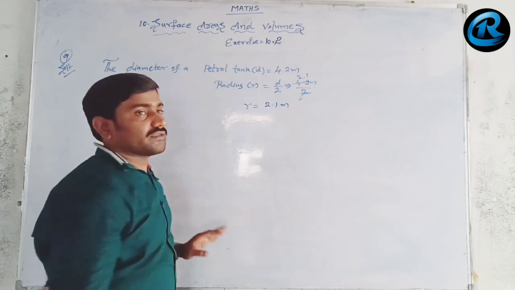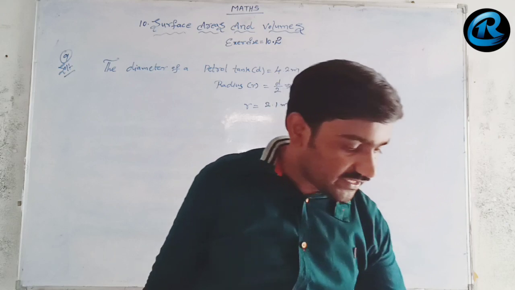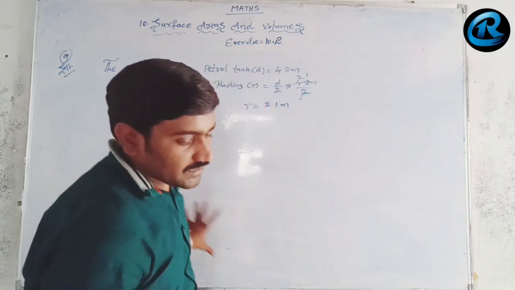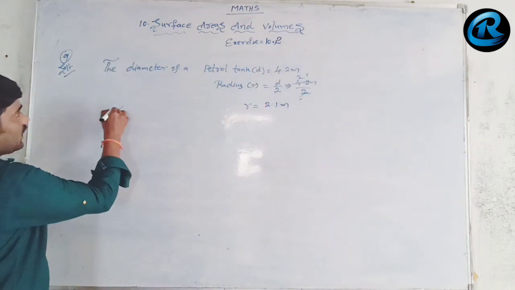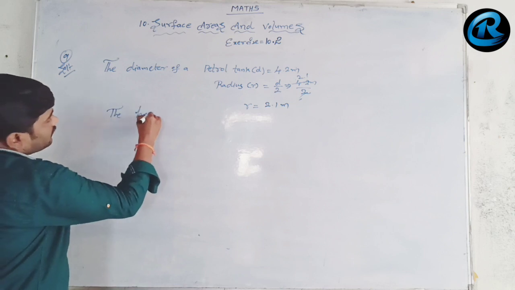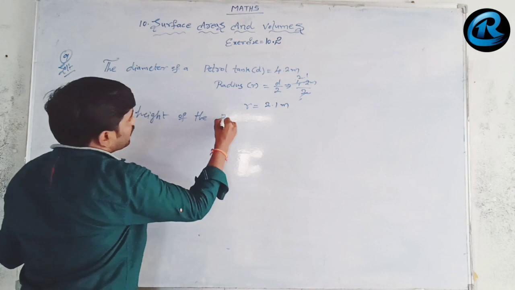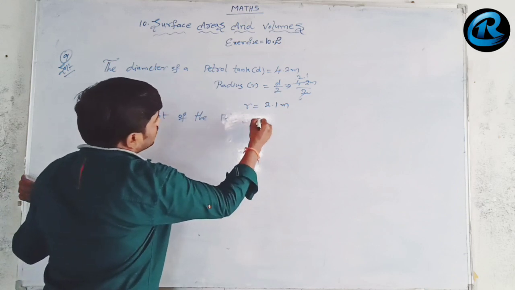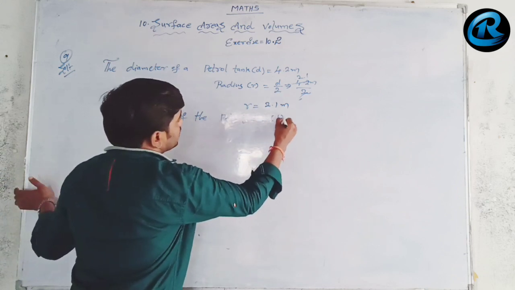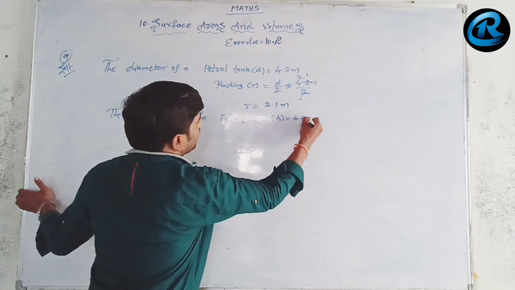Then the height of the petrol tank is given here. The height of the petrol tank H equal to 4.5 meters.